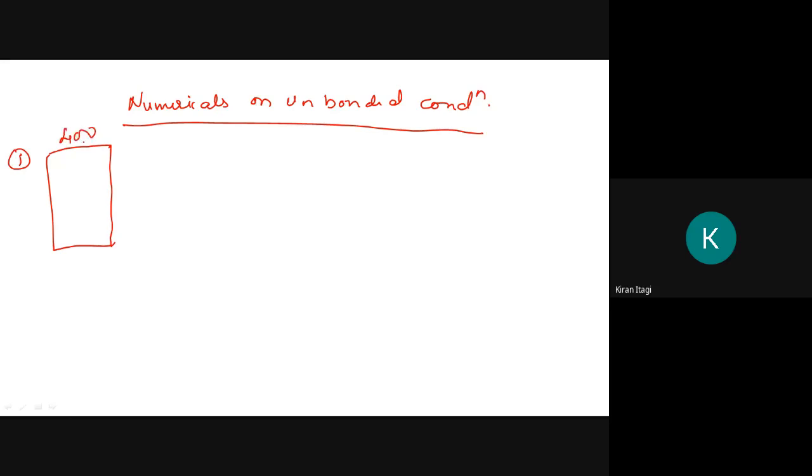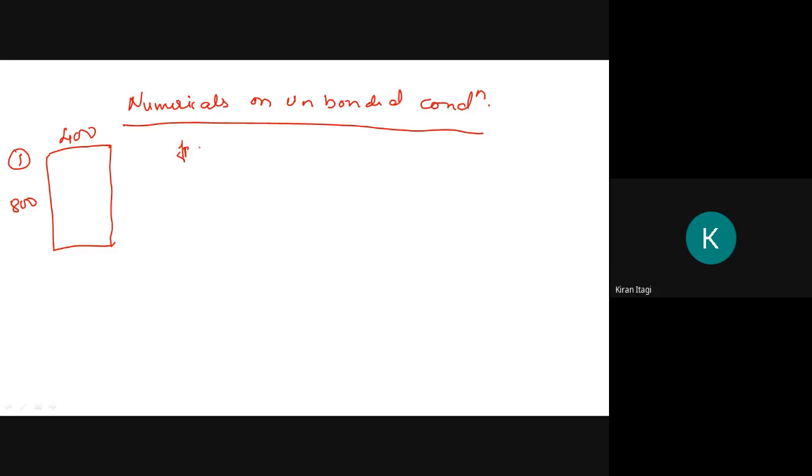400 by 800. The cross-sectional area of the prestressing steel is 2,840 mm square. The effective stress in the steel after all the losses is 900 Newton per mm square. He has given FPE, that is FP after the losses.